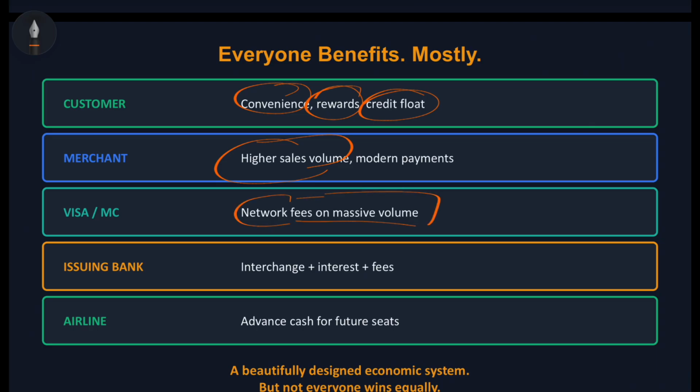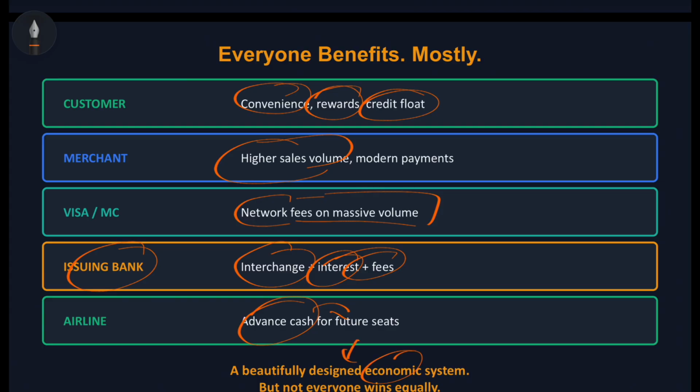Visa and MasterCard basically charge network fees on massive volumes of these trades, right? The issuing bank is actually earning the interchange rate plus the interest rate and the fees. Interest rate in case the customer defaults or is not able to pay within the set amount of time. Talking about airlines, they are basically getting advance cash for future seats. They are also benefiting from this.